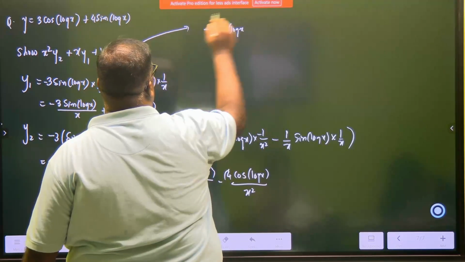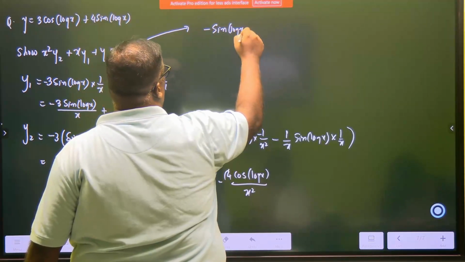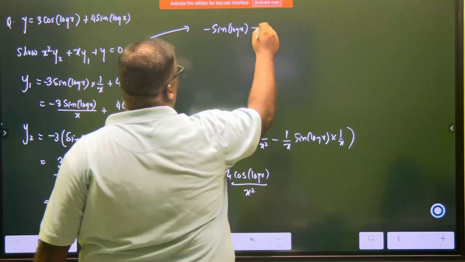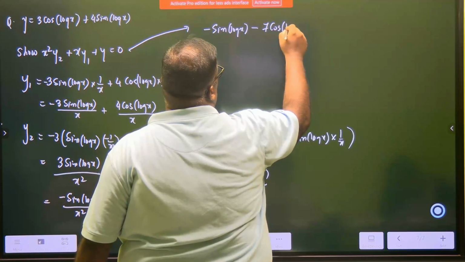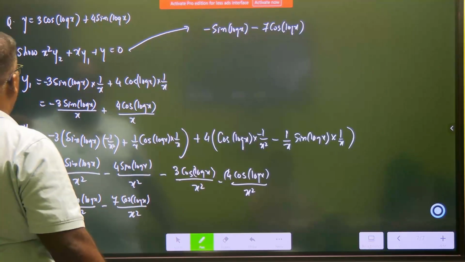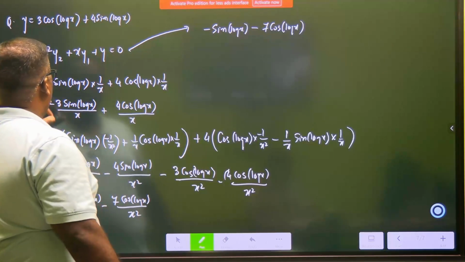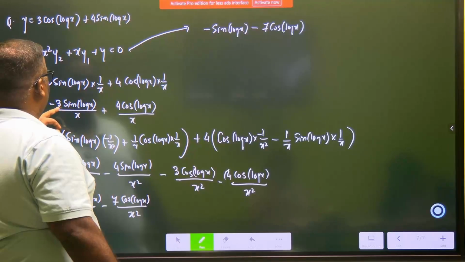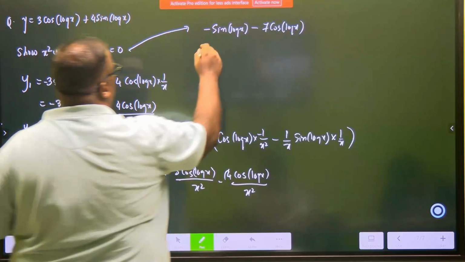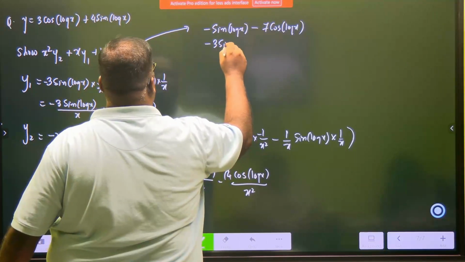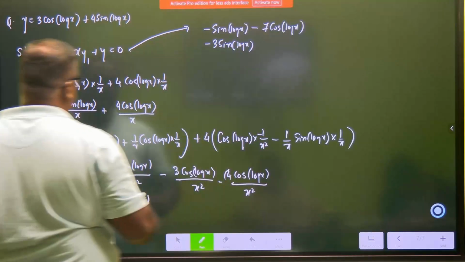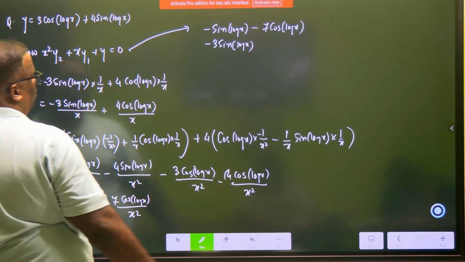Negative sine log x minus 7 cos log x. This part is done. Plus xy1, x multiplied by y1. So this gives me a negative 3 sine log x and a positive 4 cos log x.